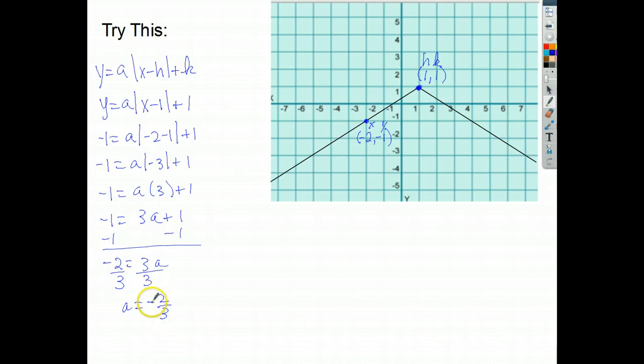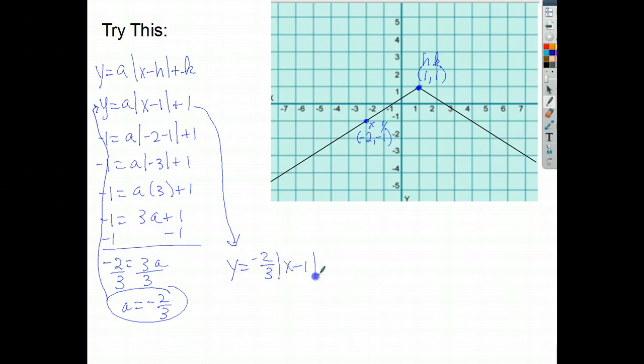Well, negative's down, and 2/3 is between 0 and 1, so it should be wider than normal, and that's what I see up there. Take this up to here, plug it in. y equals -2/3 absolute value of x minus 1 plus 1. And that concludes the video.